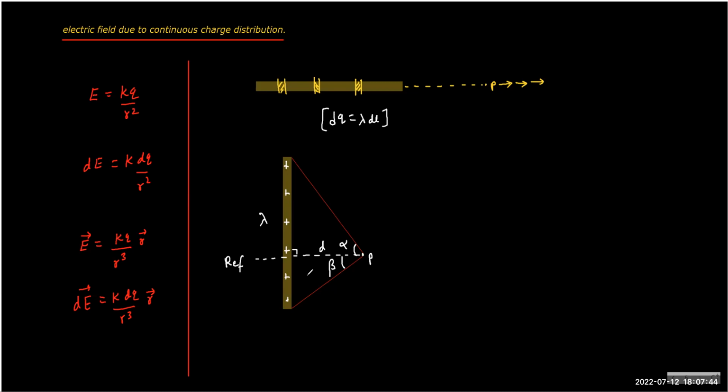So alpha and beta are the two angles. These are the parameters which are known to you in advance, and now you're supposed to find the electric field at point P. A small analysis will let you know that every element will not contribute in the same direction. So that's the first and foremost thing we need to be careful about.